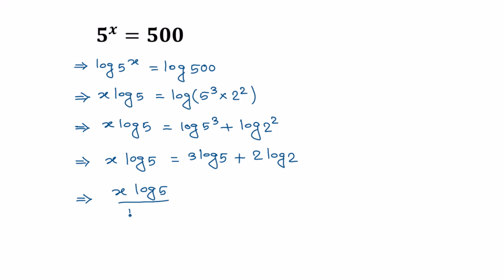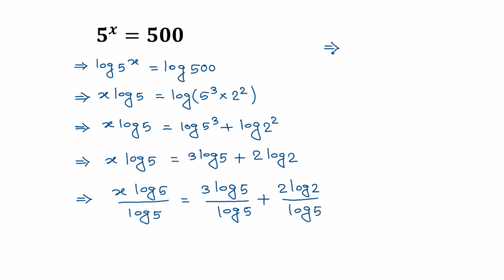We can write left side x times log of 5 divided by log of 5 is equal to 3 times log of 5 divided by log of 5 plus 2 times log of 2 divided by log of 5.